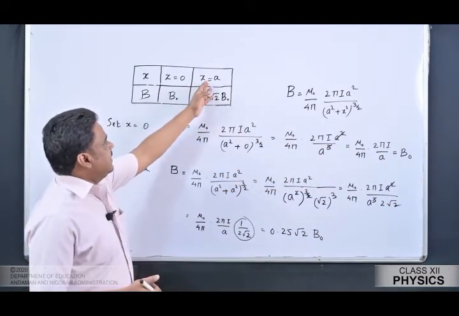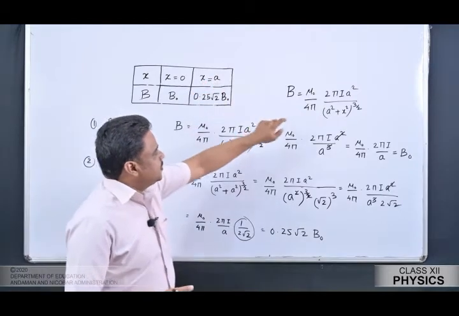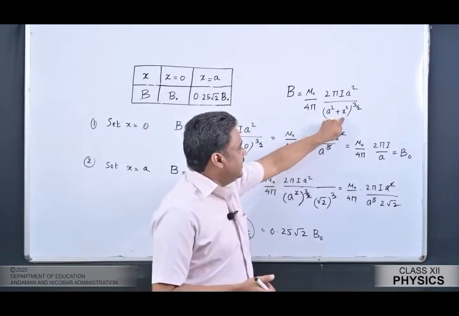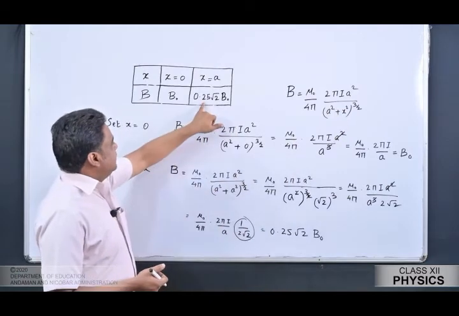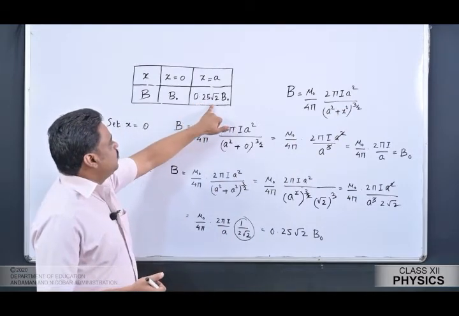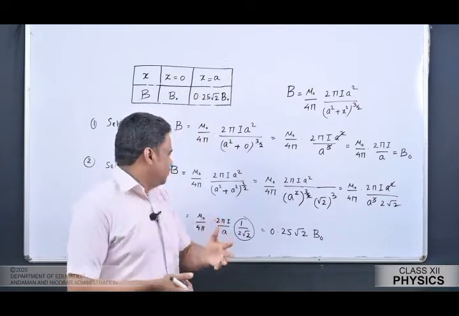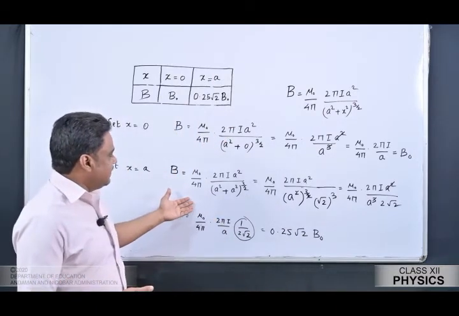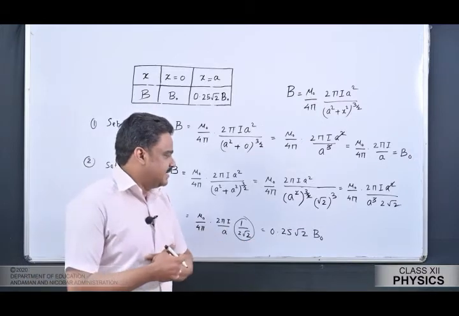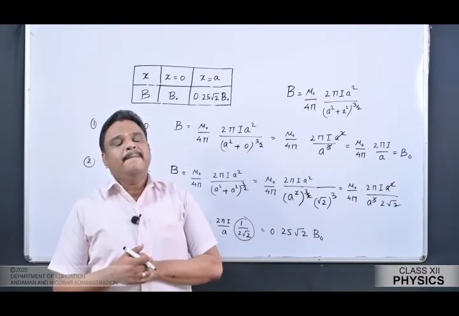Now my second data is you are going to set x equal to A. This means in place of x you put A, and you prove that this becomes 0.25 root 2 times the initial value, that is 0.25 into root 2 B naught. So the simplification you are able to see very clearly. At the last, I get 0.25 root 2 B naught.